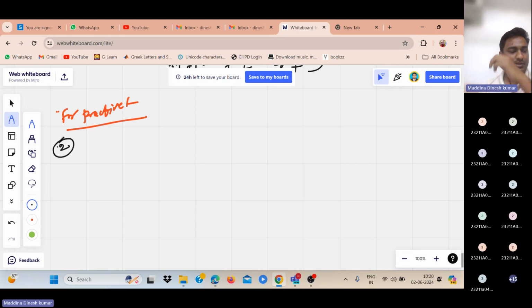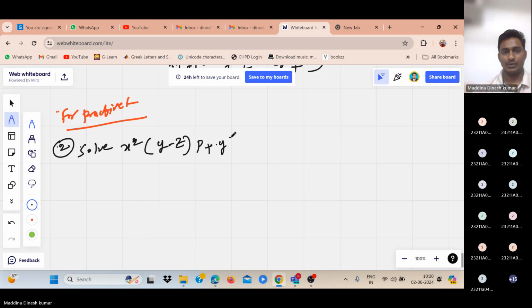Second one in this. Solve x square minus yz into p plus y square into z minus x into q equal to z square into x minus y.